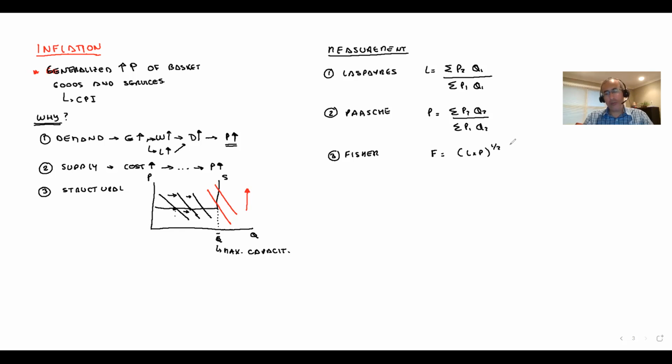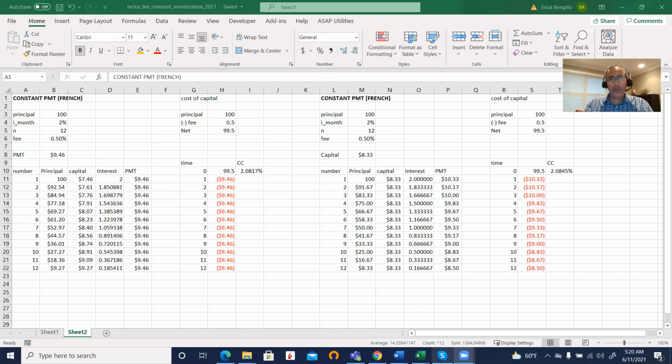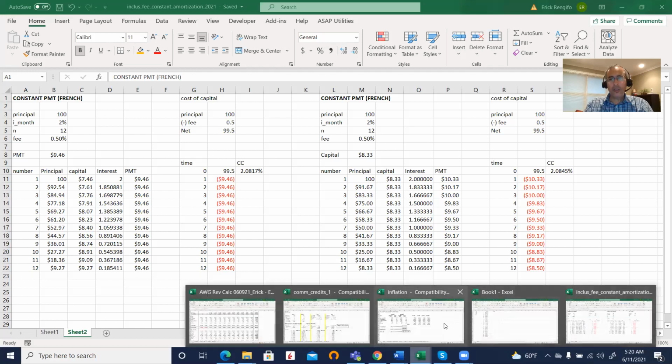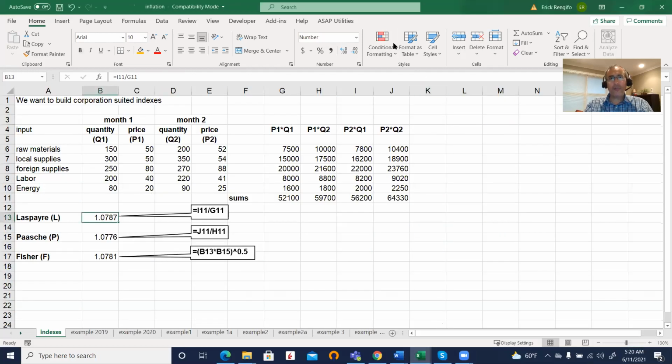So let's take a look at how this works, just using Excel. Where is this Excel for me? Let me see if I have it open. Yes, I have it somewhere. Inflation, here we go.